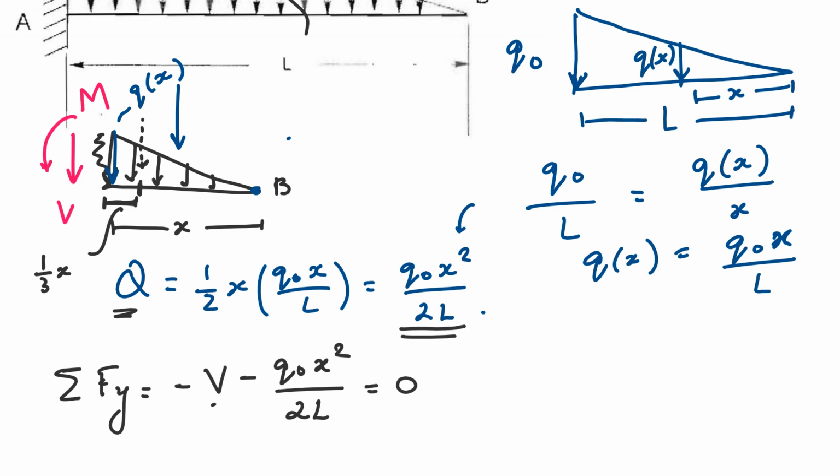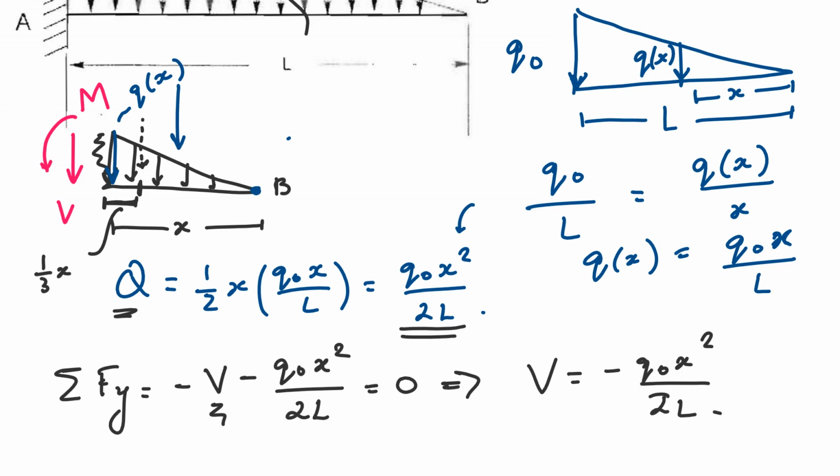We're trying to find out what is V. So from this, we can see immediately that V is going to be equal to negative Q naught x squared over 2L. Okay, and what does this negative sign mean? This negative sign means that the actual direction is going to be upwards for V. And that's pretty obvious because this thing is going down, so V has to go up.